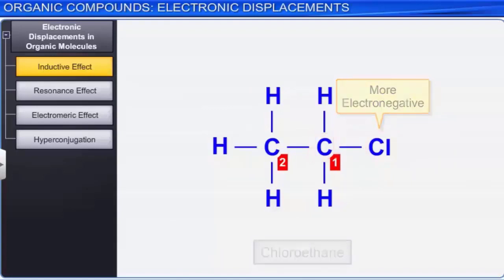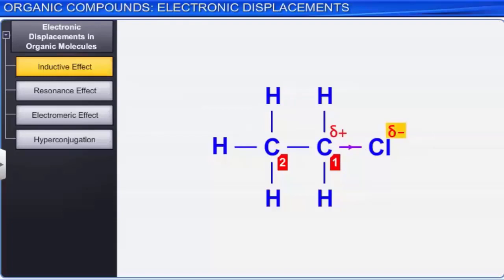Hence, the electron pair shared between carbon and chlorine is displaced towards the chlorine atom. Thus, a partial negative charge is acquired by chlorine and a partial positive charge is acquired by carbon. The partial positive charge on C1 draws some electron density towards itself from the adjacent carbon-carbon bond.